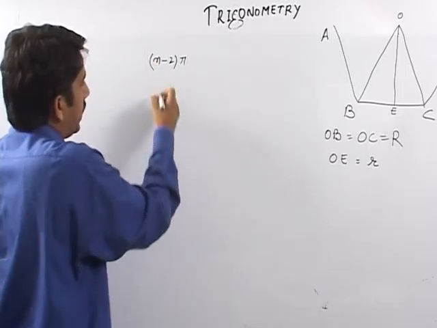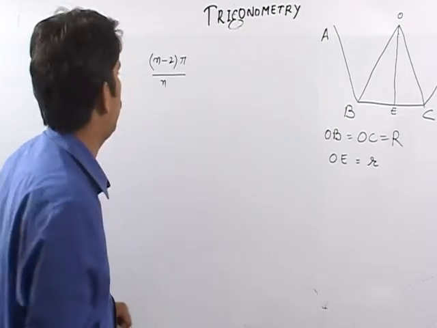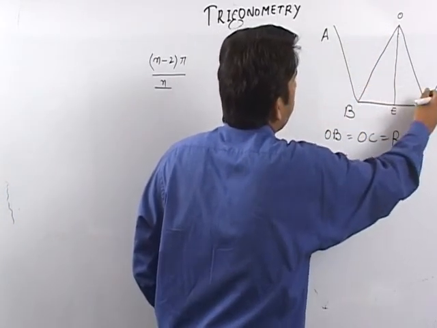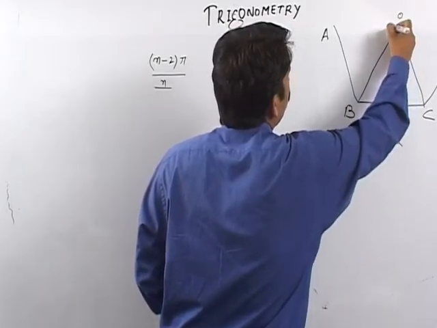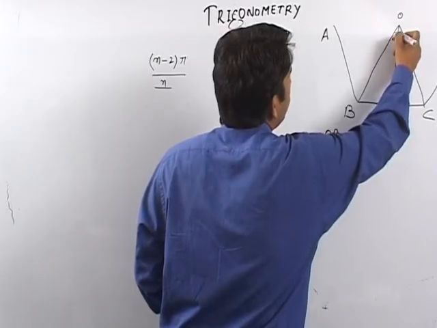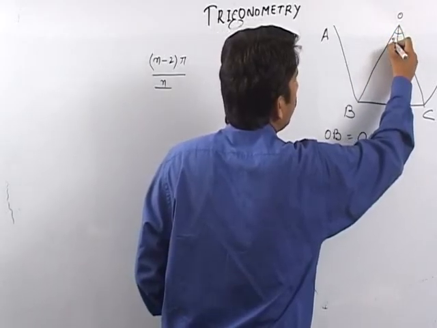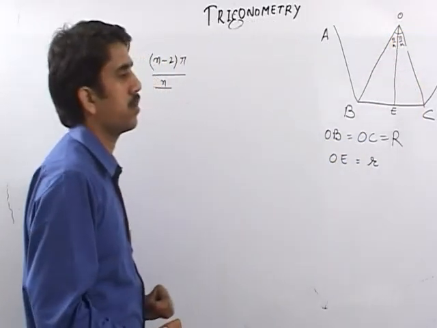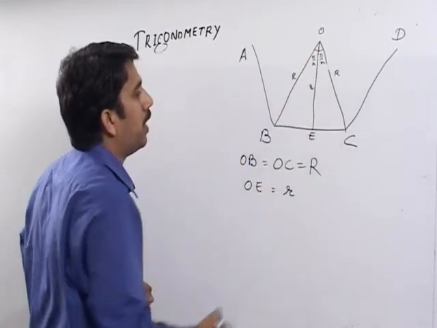Now, if there are n sides, then each angle will be equal to n minus 2 pi over n. Or we can say that if there are n sides, then each angle at the center will be equal to 2 pi by n. And since OE is the inradius, it will bisect this angle, and this will be equal to pi by n and pi over n. This is capital R, and this is small r.